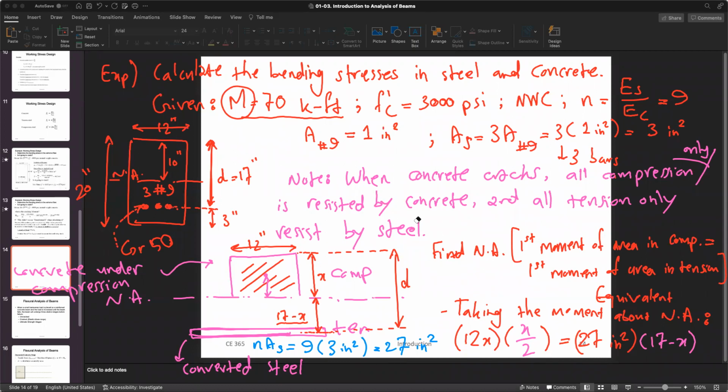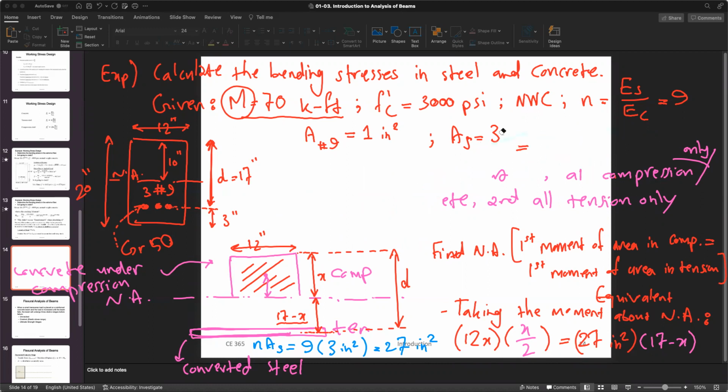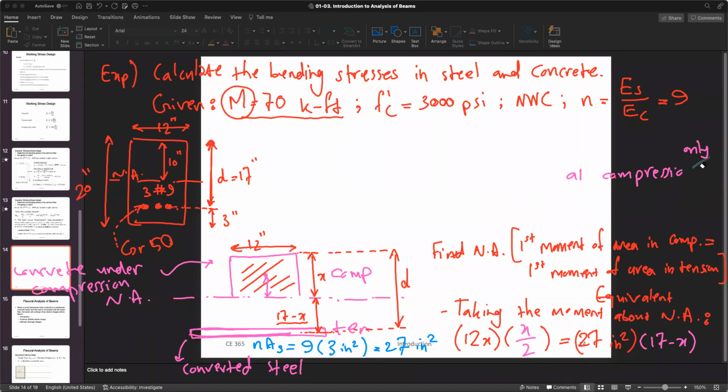Let me erase this top one a little bit, and maybe this one as well. To solve that, it's going to become 6x squared plus 27x minus 459 equal to 0.